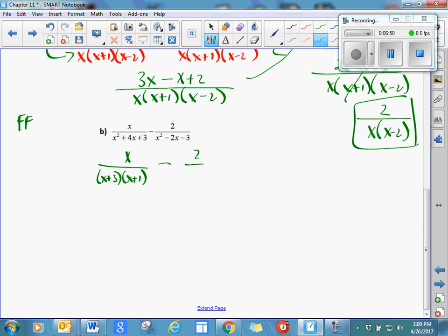And this guy factors to x minus 3, x plus 1. So the LCD is going to be x plus 3, x plus 1. He's got the x plus and x minus 3. So we've got 3 factors.